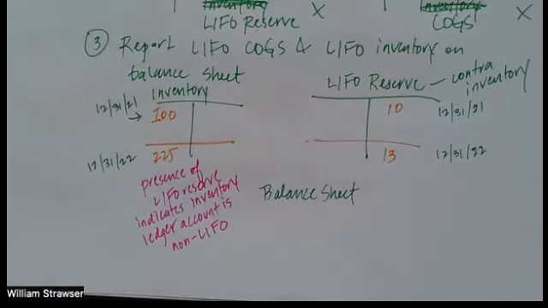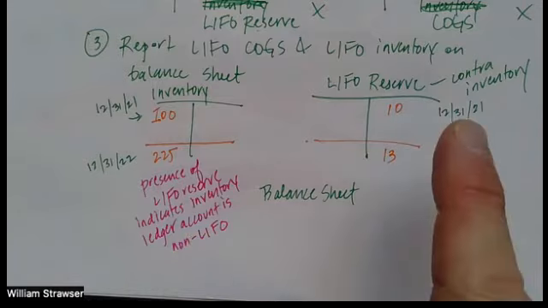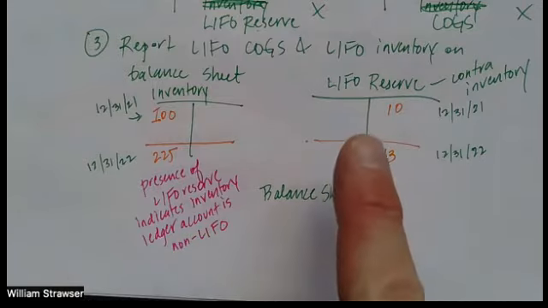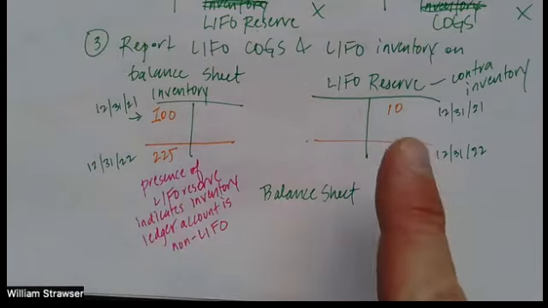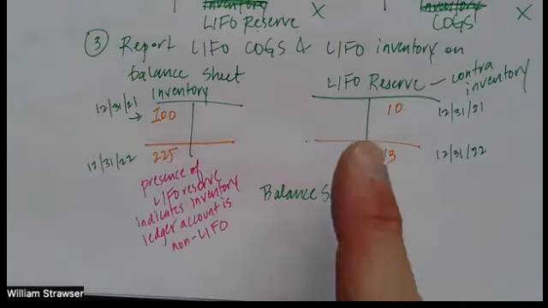So the $100, the $225, it's a non-LIFO method. Maybe it's FIFO, maybe it's average cost, but it's not LIFO. This is there precisely to convert these numbers to a LIFO amount.